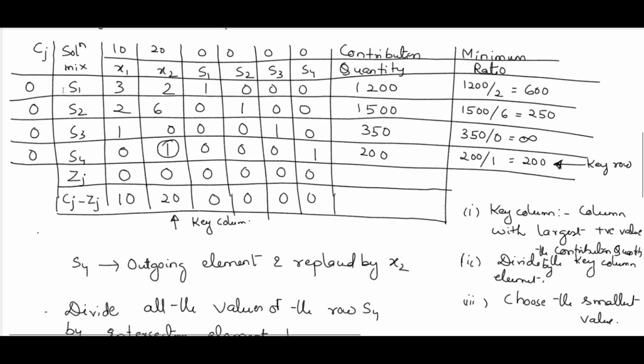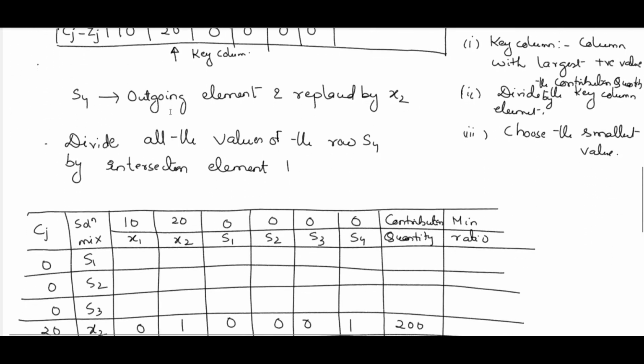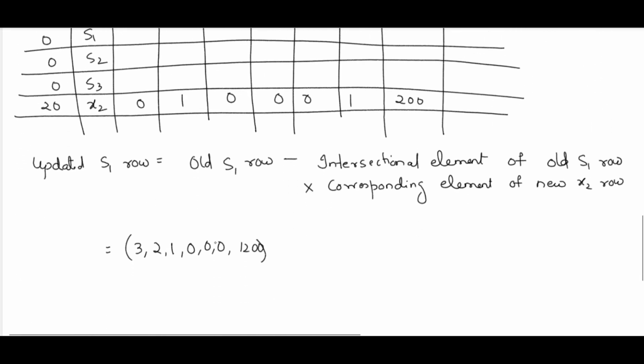But as we are considering the S1 row, this is the 2. So minus 2 into the corresponding element of the new X2 row. What are the values of the new X2 row? You got 0, 1, 0, 0, 0, 1, 200. So you write down 0, 1, 0, 0, 0, 1, 200.